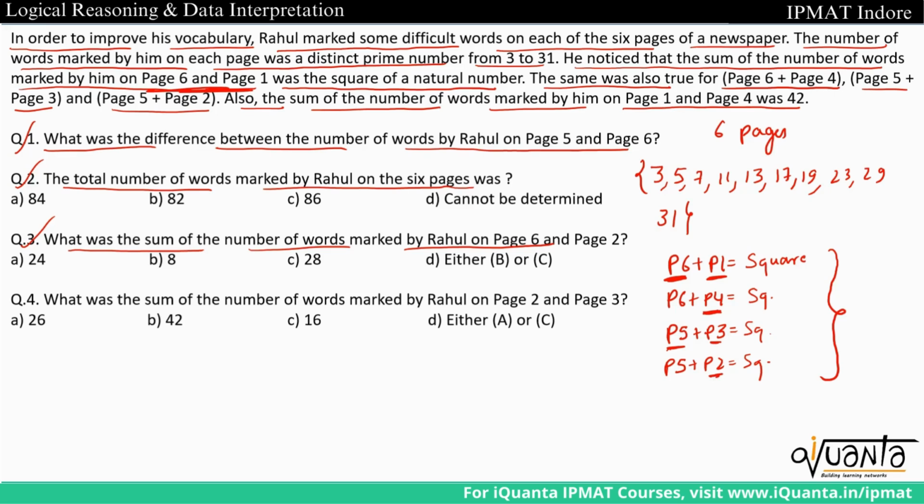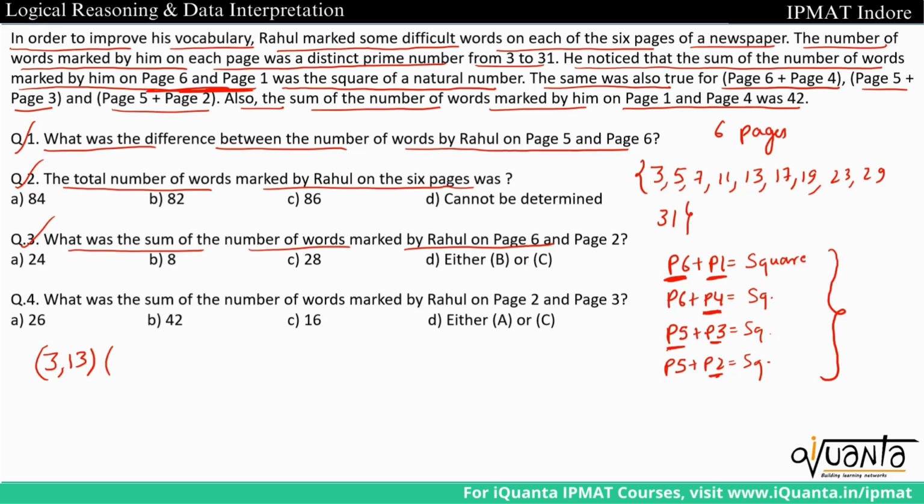So all 4 equations involve the number of words marked on each and every page. So let us choose 2 numbers out of these primes so that we can form a square. We'll consider all the pairs which form a square after being added. So we have 3, and we can have 13 with 3 so that we get 16. 16 is the square of 4.